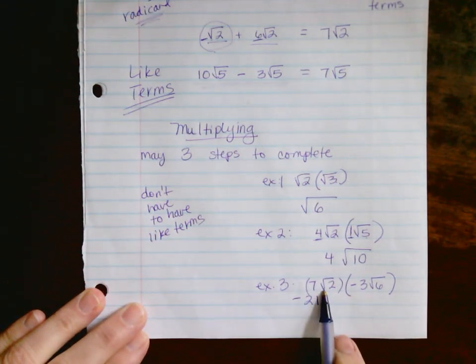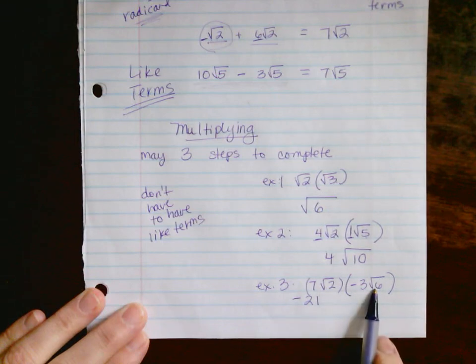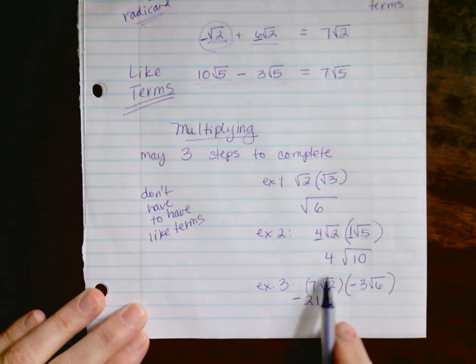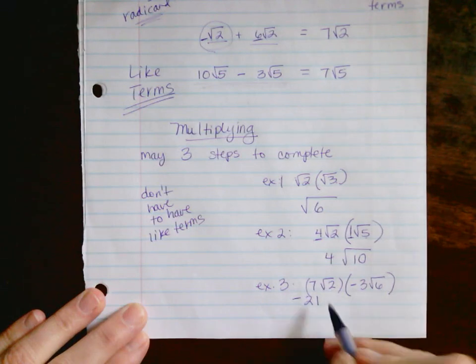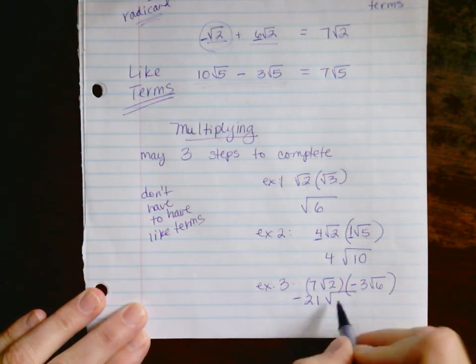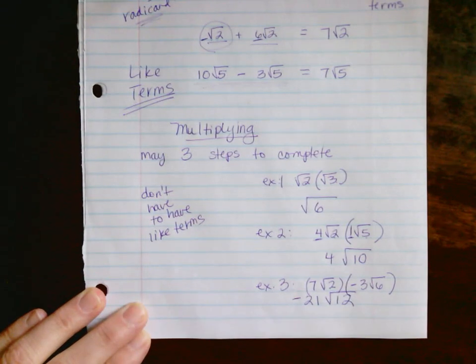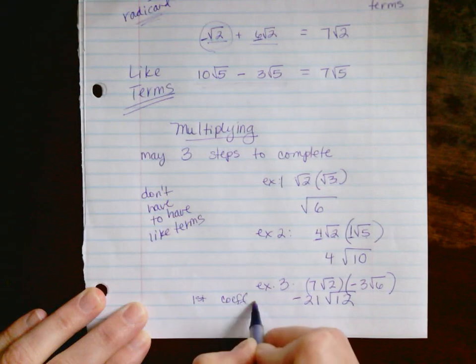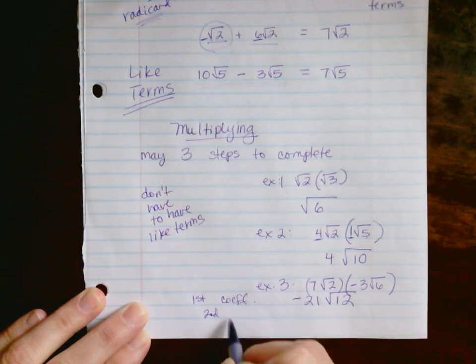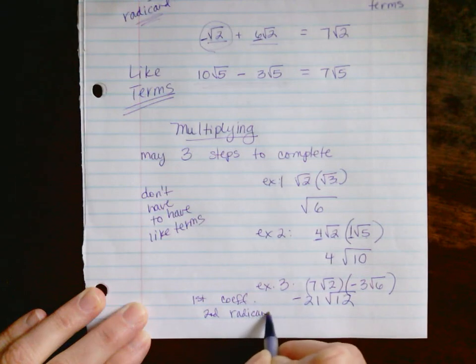Now we look and we see both radicals have the index of 2, and their radicands are different, so we'll go ahead and just multiply their radicands. So the first step was to multiply the coefficients. The second step was to multiply the radicands.